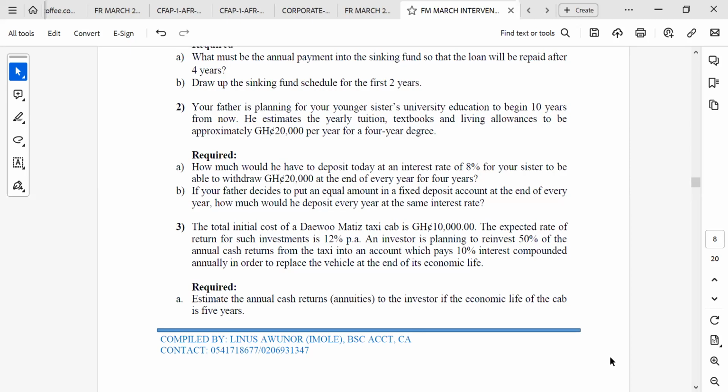It's very simple, but it's a bit complicated for a time value of money question. If you don't know, you don't know, because it's very technical. You don't have to stress yourself. You can say the question is not even complicated.